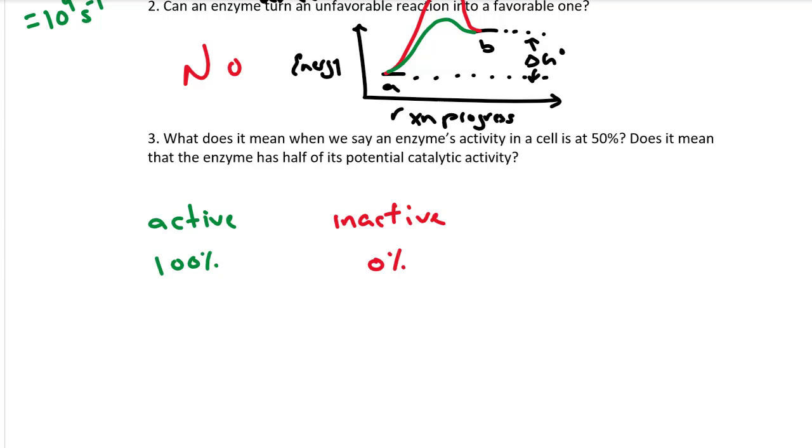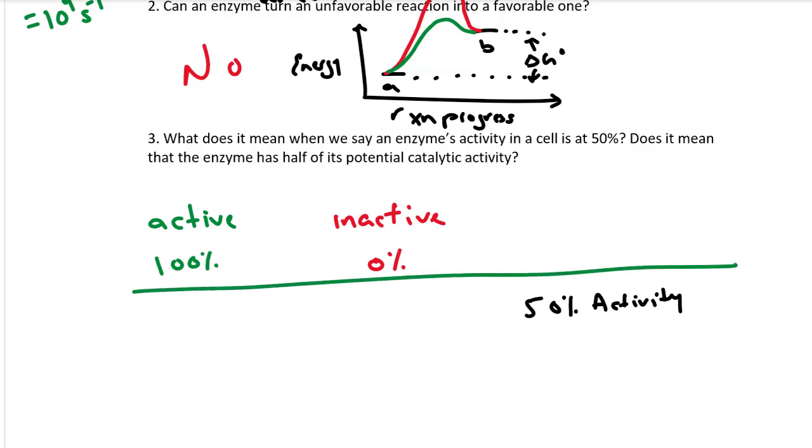Well, a single molecule of an enzyme is either at 100% or 0%, but there's not a single molecule of that enzyme in the cell. There are many copies of that enzyme. So when we say 50% activity, we mean that 50% are active and 50% are inactive, right?